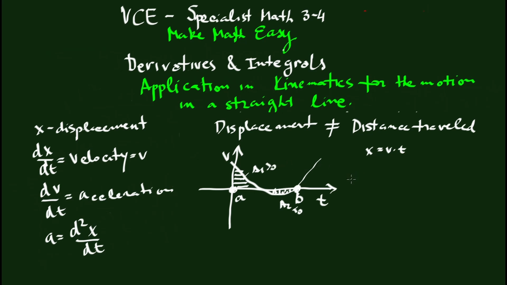Therefore, the displacement would be equal to the integral, an integral being the area between A and B, of v of t dt, and in this case that will be A1 minus A2, because A2 is negative, so total area.